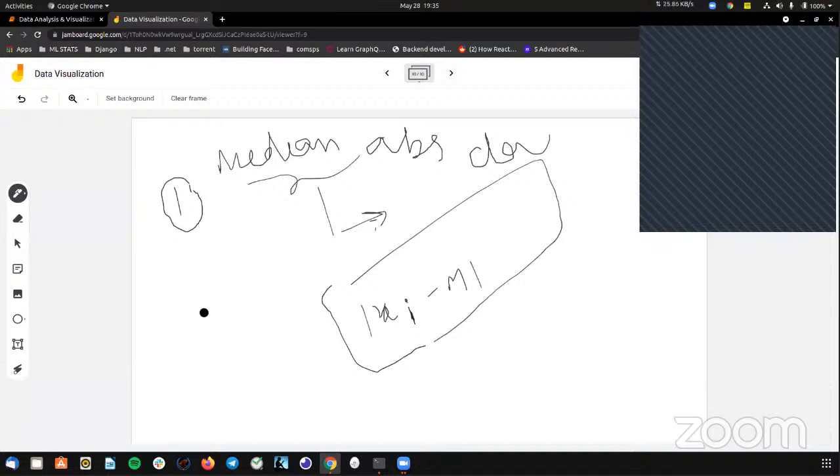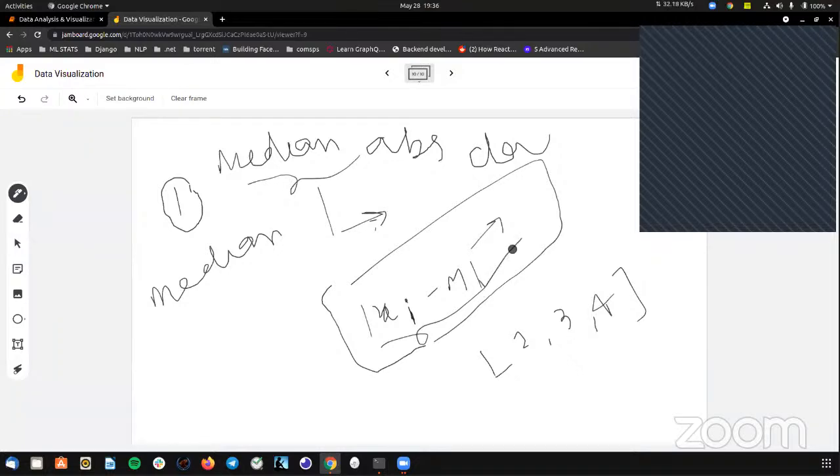So how exactly are we calculating it? It's quite easy. First, we calculate the median of the given array. Then we perform this calculation. Say you have 2, 3, and 4. You subtract the median from each: 2 minus median, 3 minus median, 4 minus median.